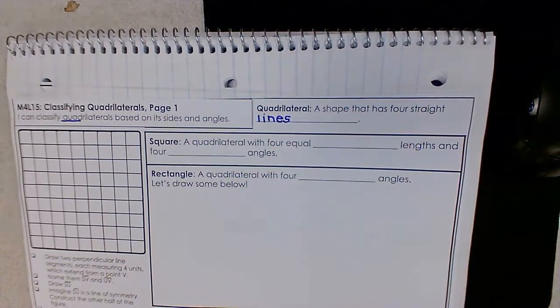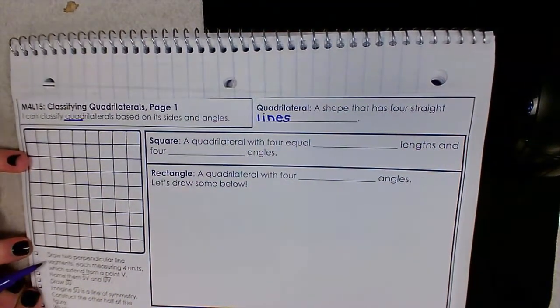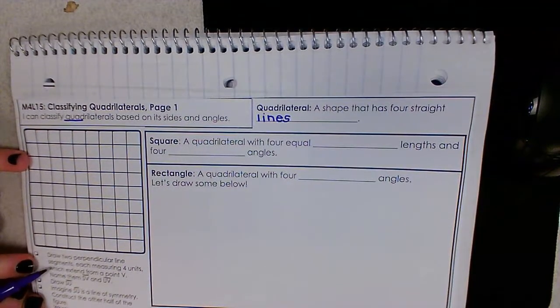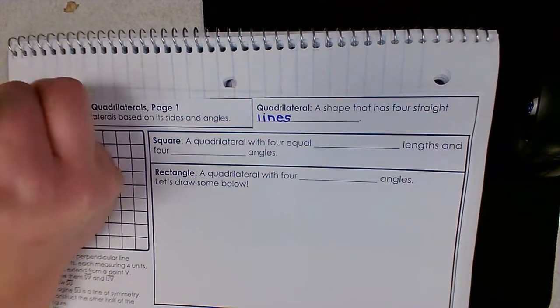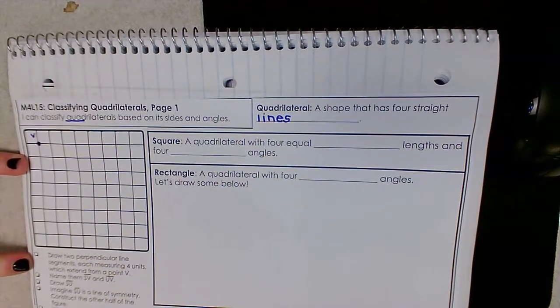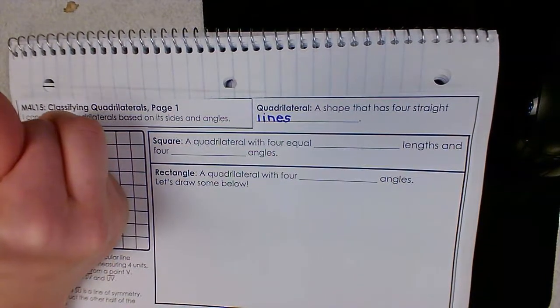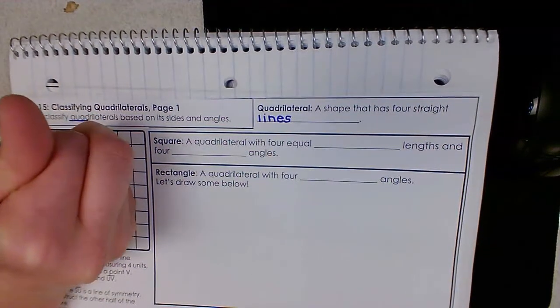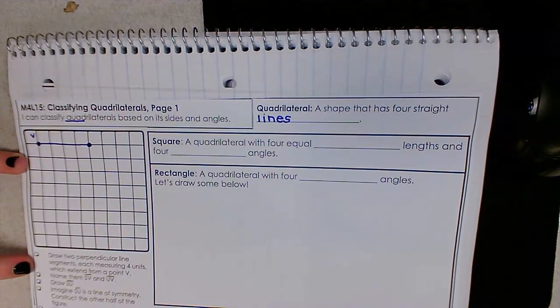So now let's create some quadrilaterals. We're going to draw 2 perpendicular line segments, each measuring 4 units, which extend from point V. So I'm going to start in my top corner and create point V. If I'm creating 2 perpendicular line segments, that means that one of them is going to run horizontally 4 units, 1, 2, 3, 4, ends with an endpoint because it's a line segment.